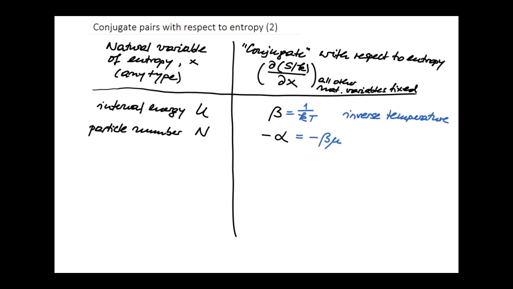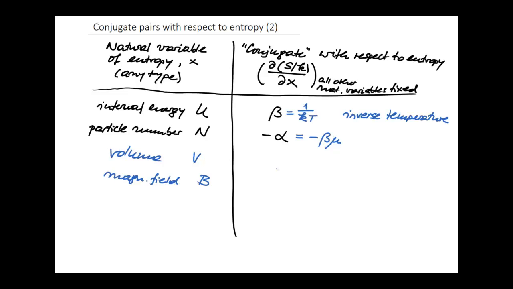Well, then let's look at the two other natural variables that we had considered in the case of energy, namely the volume V and the magnetic field B. The conjugate of volume with respect to energy was minus the pressure. The conjugate with respect to entropy is minus beta times that.